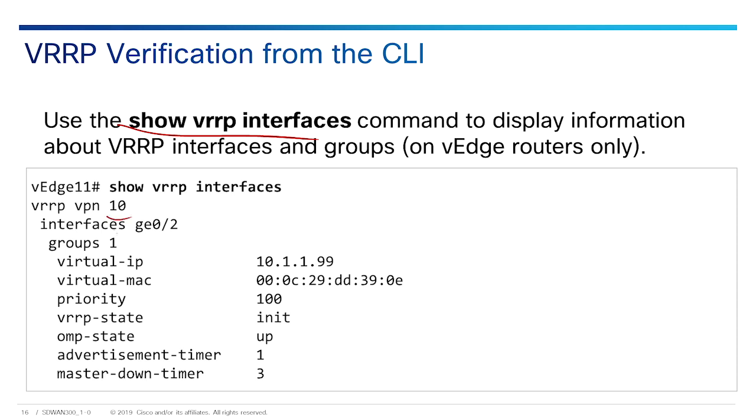It'll show us which VPN we're active for, what interfaces, what our group is, VPN ID, our virtual MAC address that we're responding to ARP requests for, right? And what our priority is, and what our state is, and whether OMP is up, and what our downtimer is. And you can, by the way, modify almost all of these individual things.